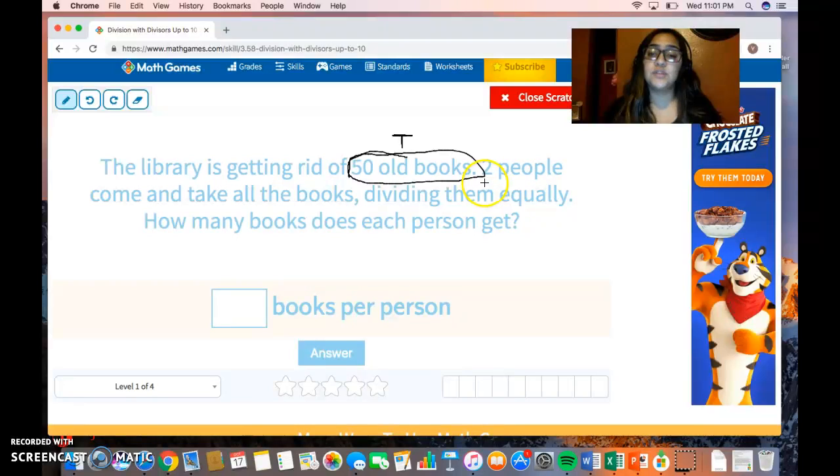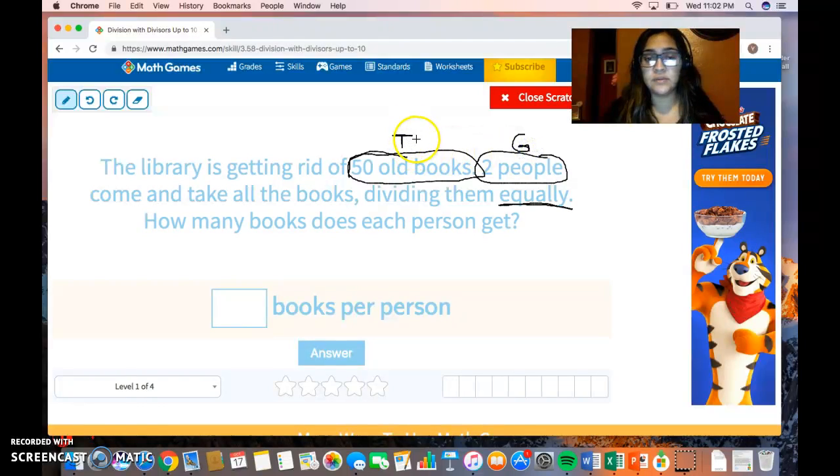And then it says 2 people come and take all the books, dividing them equally, meaning everybody gets the same amount. And I'm dividing that between 2 people. So 2 people is what? 2 people is my groups that I have.